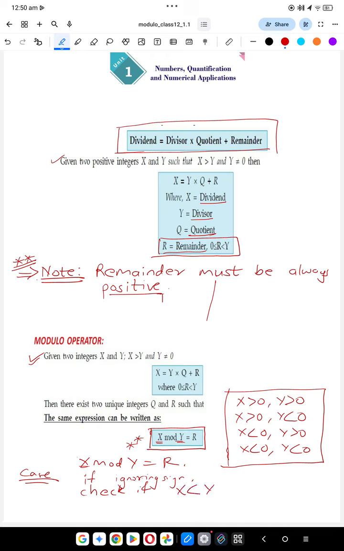If x is less than y, then directly our remainder r will be equal to x, and we will see this further with a numerical.